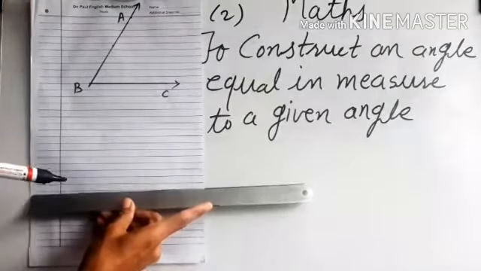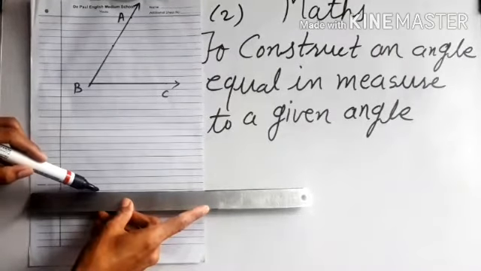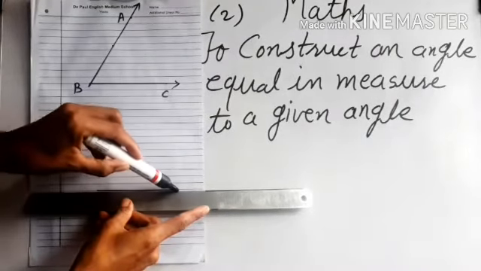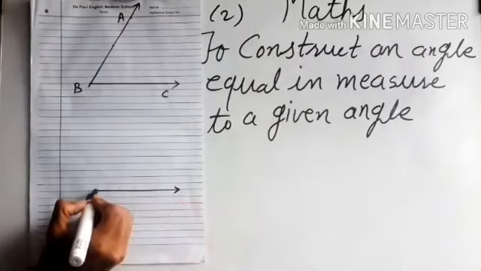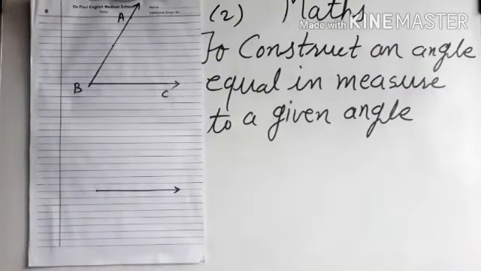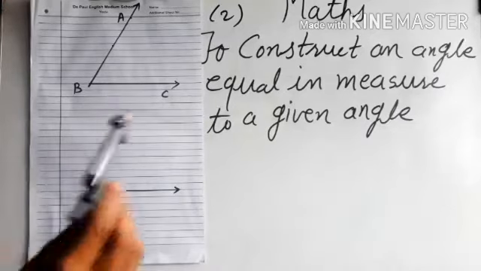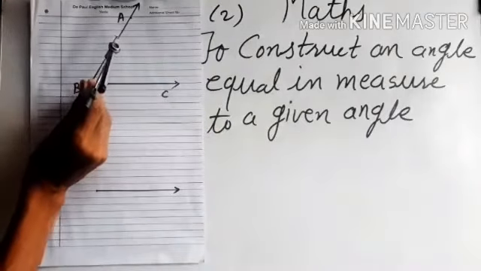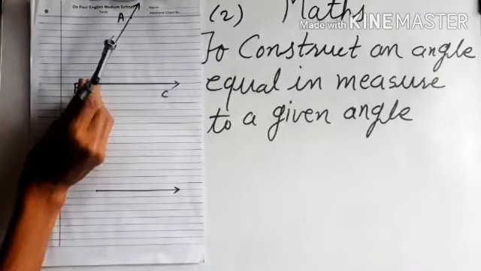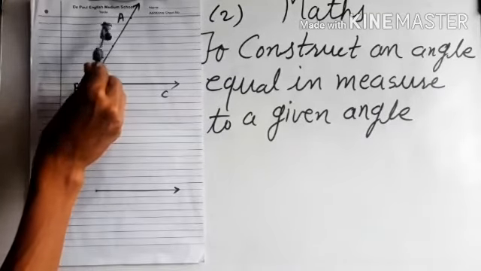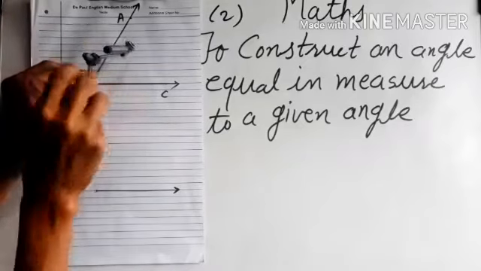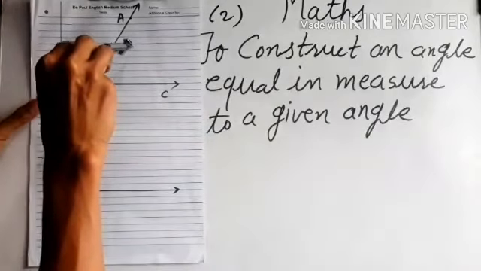For that, the first step is to draw one ray. Take the compass in your hand. Keep the compass point on point B, the vertex of the given angle.